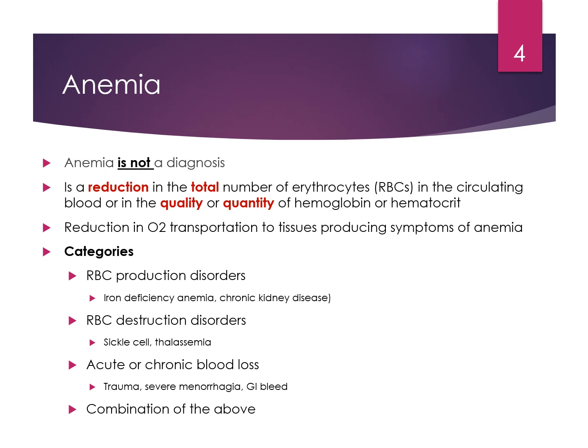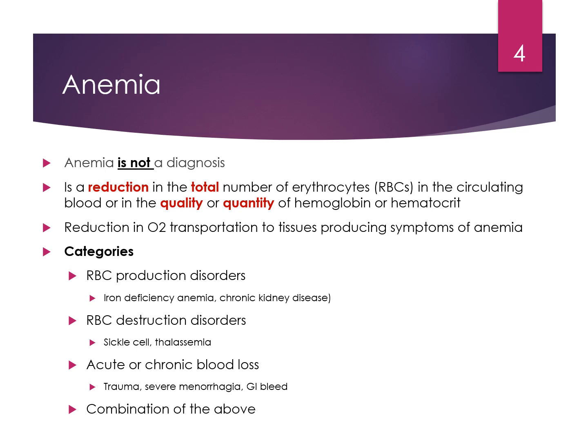In your book, they classified anemia into 3 categories. I have added a 4th, but I think this helps to organize anemia. The classifications are RBC production disorders. Think about our iron deficiency anemias, chronic kidney disease. The second one is our RBC destruction disorders, sickle cell, thalassemias.